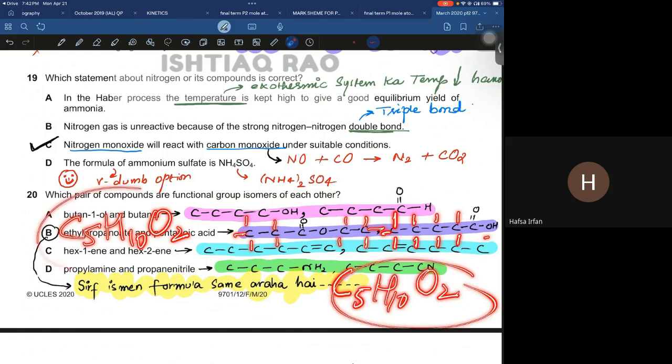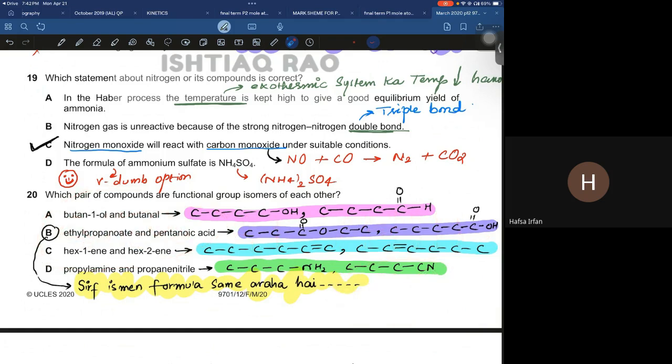So since the molecular formula is the same and the functional group is different, I can say they are functional group isomers of each other. You can try C and D, but of course they are not correct.